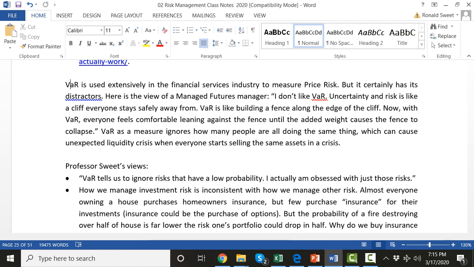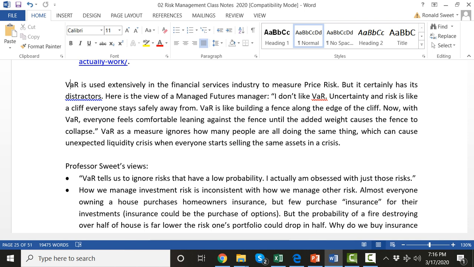And that was essentially his commentary on why 2008 was so bad: firms were doing something thinking they were managing risk, when because of value at risk they were actually doing the exact same thing everyone else was doing. And so when the fence came toppling down, the disaster was far greater than anyone could imagine because there were so many people trying to sell the exact same assets.